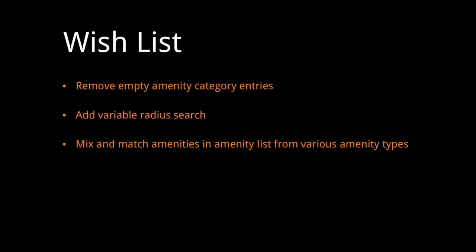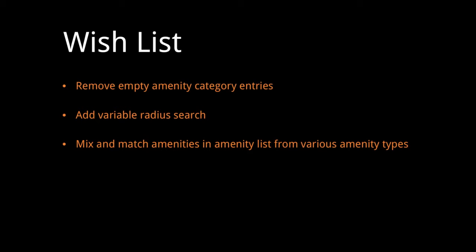Now, this is the wish list that I would like for the neighborhood amenities feature. If you remember from previous videos, the neighborhood amenities feature displayed various amenity categories, and when you clicked on an amenity category, it would uncollapse and you would see a list of amenities in them.